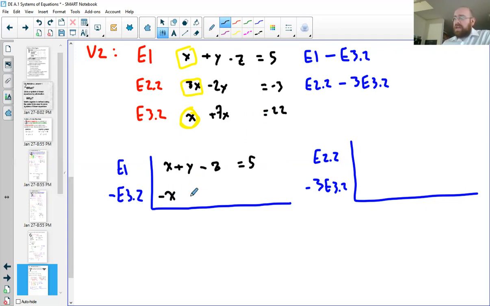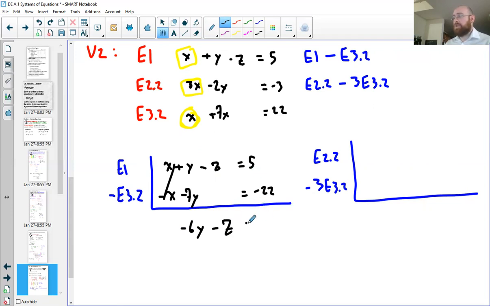So we'll have negative x minus 7y, leave space for the z term that's not there, and then minus 22. x minus x cancels out. y minus 7y is going to be negative 6y. And then we have negative z. It doesn't change because there's nothing there to change it.